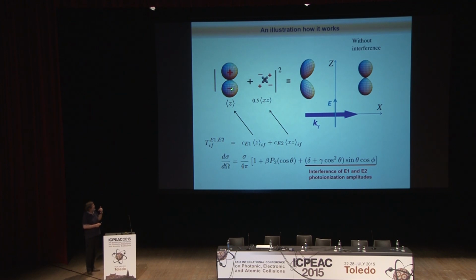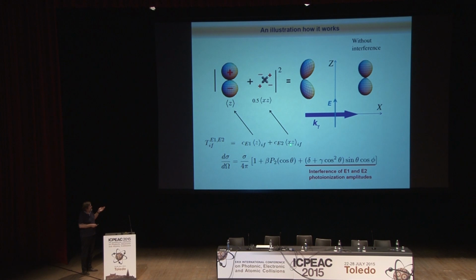How does it work? It works due to interference between the electric dipole and electric quadrupole amplitudes. This is the E1 amplitude, electric dipole, and the Cartesian structure is just z, so this is cosine theta, if theta is counted from the direction of the linear polarization. So this is just cosine, you see, plus, minus.